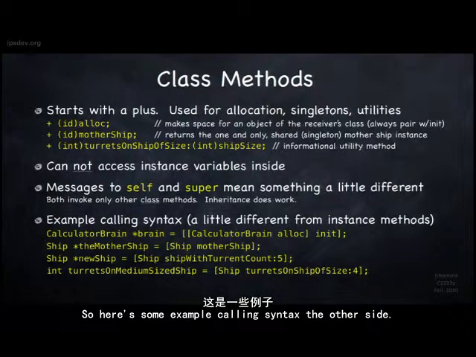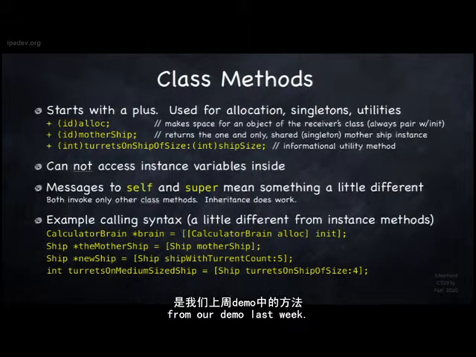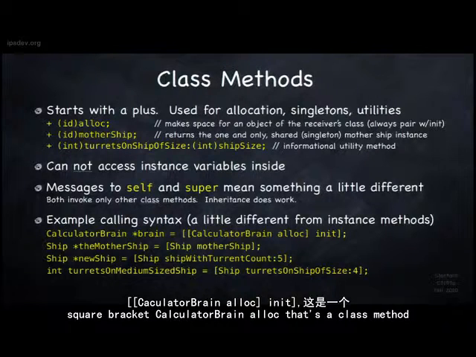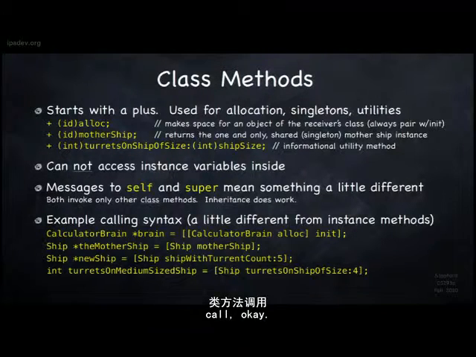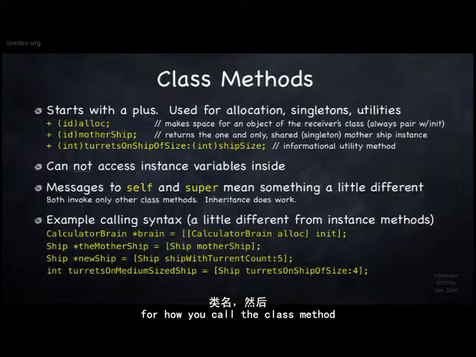So here's some example calling syntax, the other side. The first line you probably recognize from our demo last week: CalculatorBrain *brain = [[CalculatorBrain alloc] init]. That's a class method call. I'm sending the method alloc to the class CalculatorBrain, and so now you're seeing the syntax for how you call a class method, which is you just put the name of the class and then call the method.